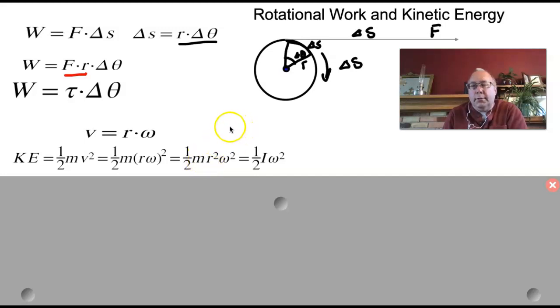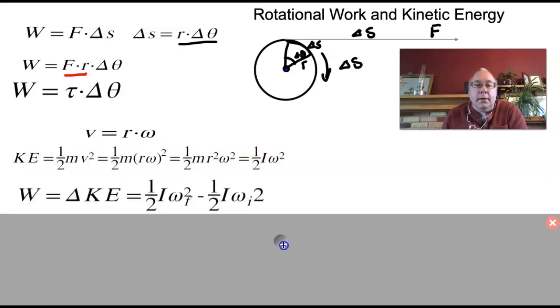So if it was a wheel, or a hoop, a solid disk such as this, maybe a ball or something like that, we can generalize this mr squared term to any term I. And if we know the moment of inertia for that object, then we can say its kinetic energy when it's rotating is going to be 1/2 I omega squared. So that's kinetic energy for the rotational terms.